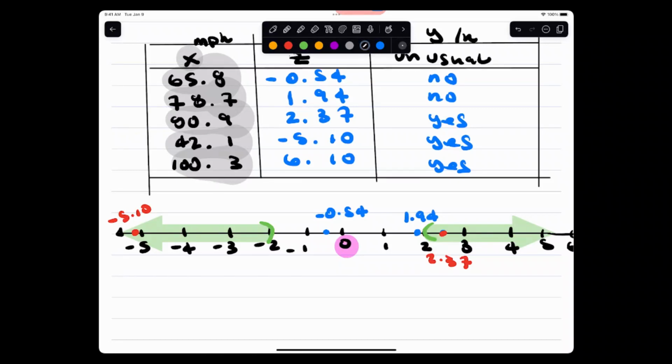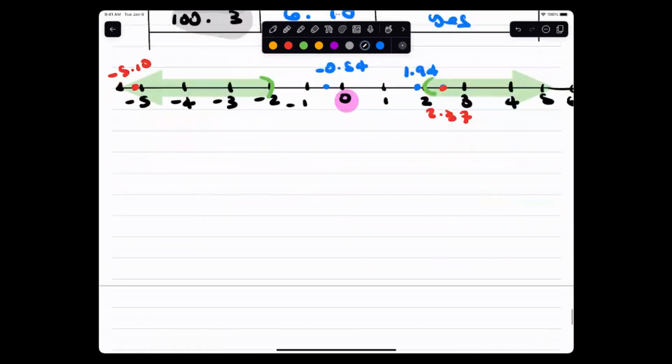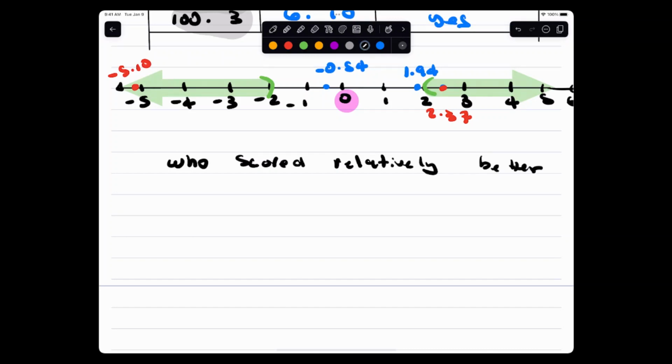All right, you guys okay with that? Pretty good. Now I'm going to ask you guys some more questions on relative position. Here's what we're going to say. Who scored relatively better on their exams?